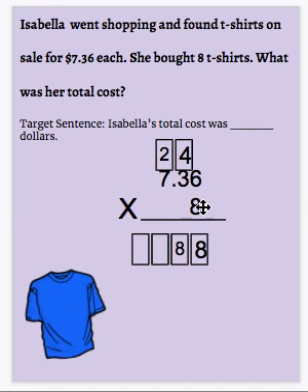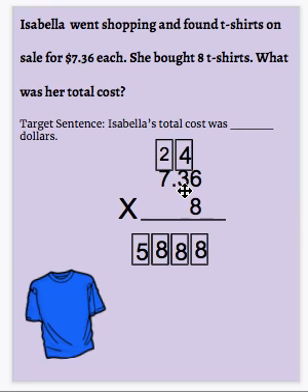Now I'm going to multiply my 8 and my 7, which equals 56, plus 2 is 58. I'm going to place my 5 here and my 8 here. Now that I've figured out my product, I need to identify where my decimal point is going to go.